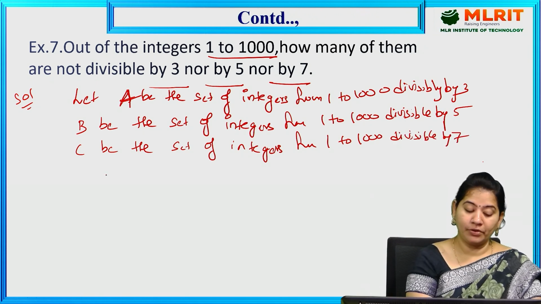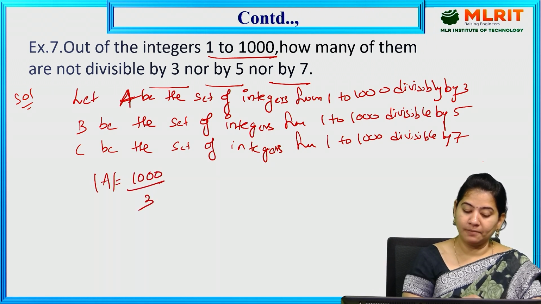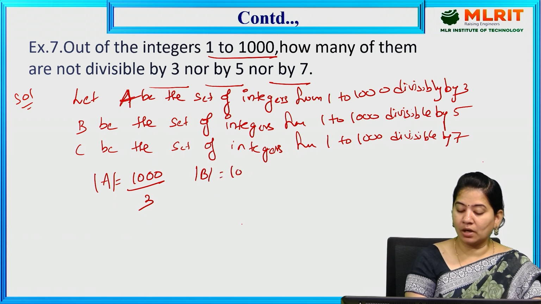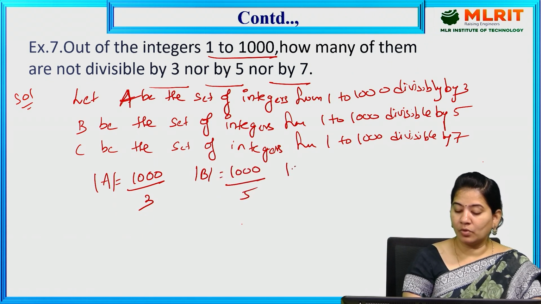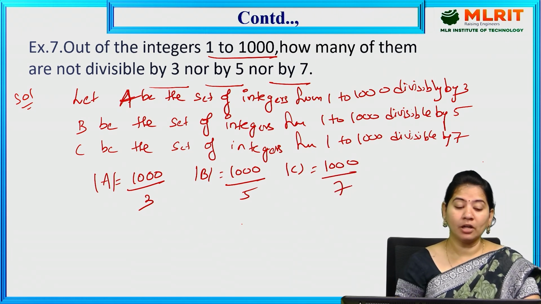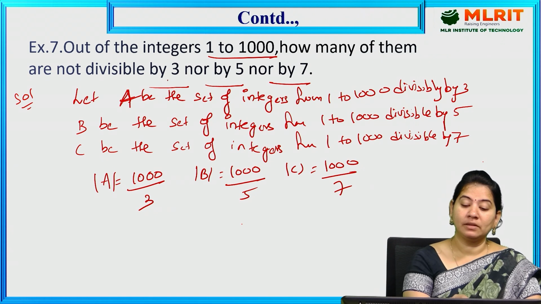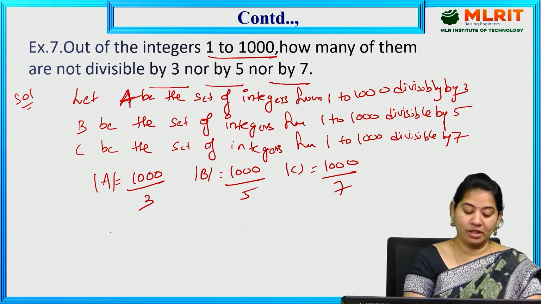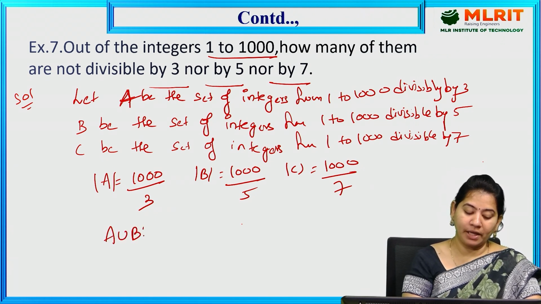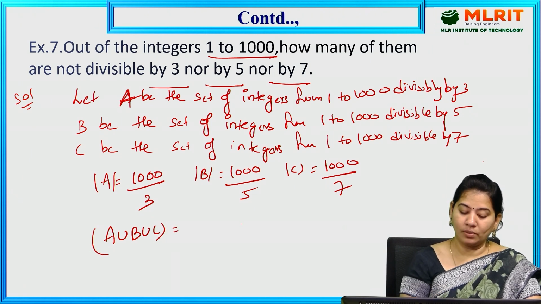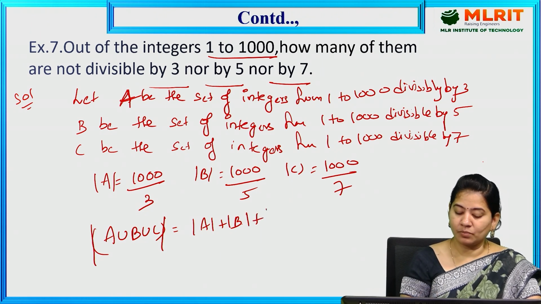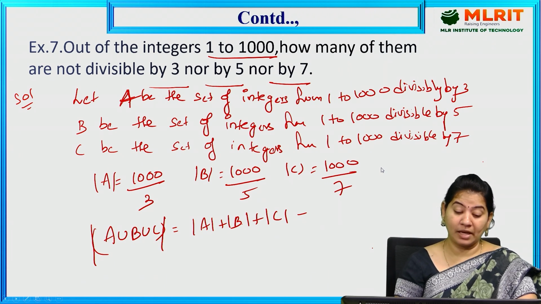Now if you observe here, mod A is equal to 1000 by 3, mod B is equal to 1000 by 5, mod C is equal to 1000 by 7. Now here, how many of them are not divisible by 3, nor 5, nor by 7? So if you take A union B union C is equal to mod A plus mod B plus mod C minus A intersection B, and so on.